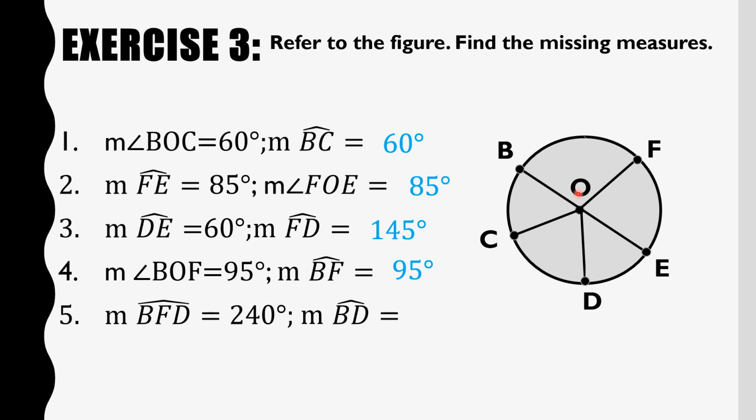Okay, for number 5, given the measure of arc BFD is 240 degrees, what is the measure of arc BD? We know that the total degree measure of the circle is 360 degrees. We just subtract 240 degrees from 360 to get the measure of BD. That is why the measure of BD is 120 degrees.